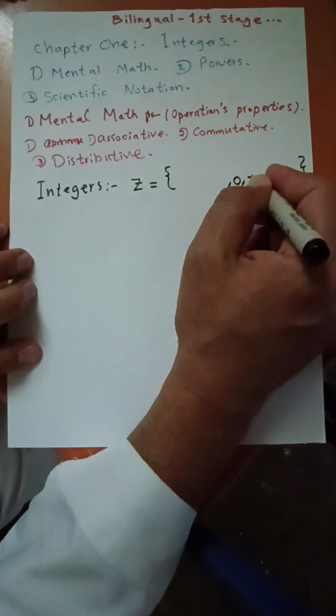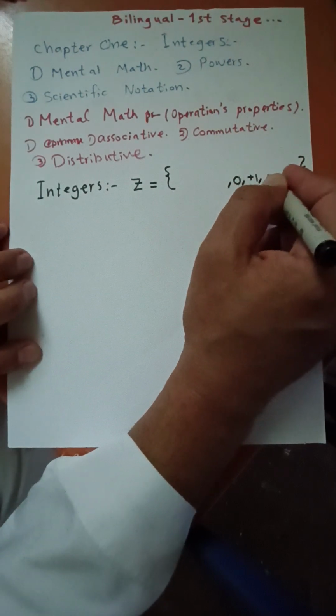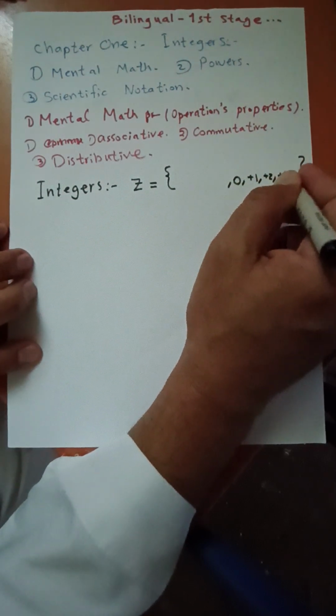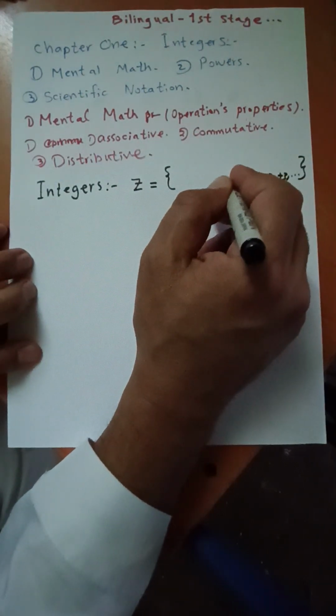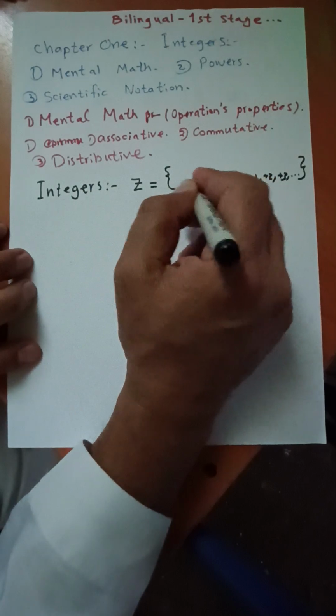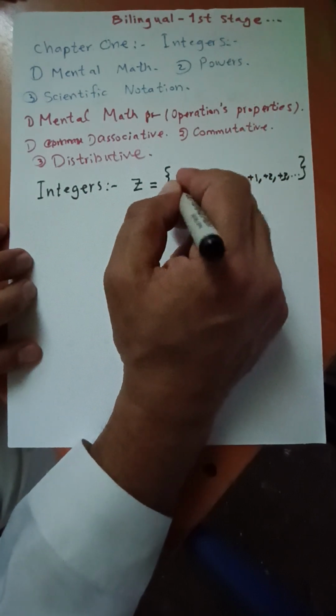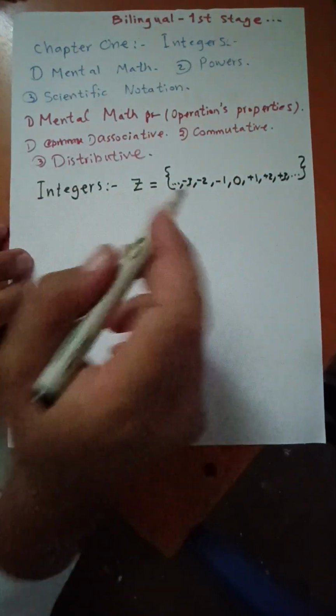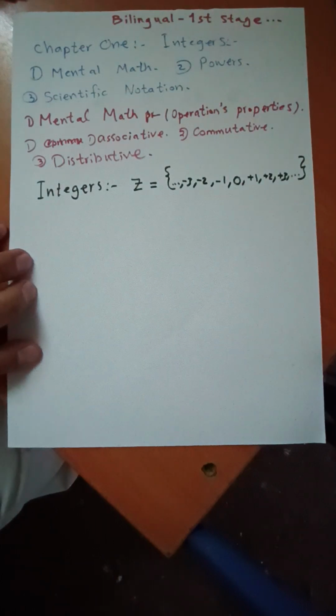To the right, +1, +2, +3, and so on to infinity. To the left, -1, -2, -3, and to minus infinity. This set of numbers is called the integers, dear students.